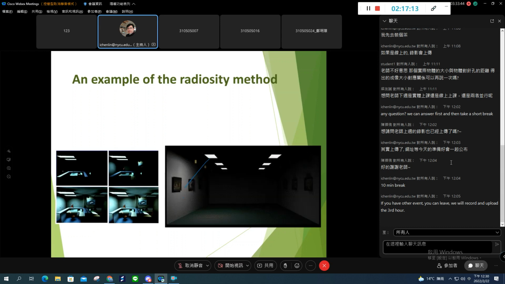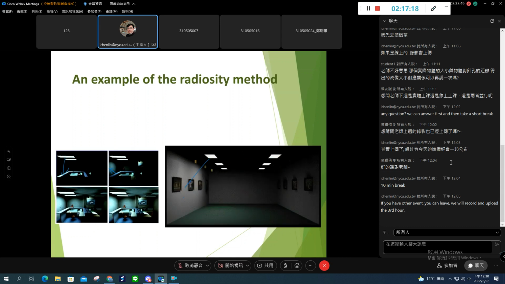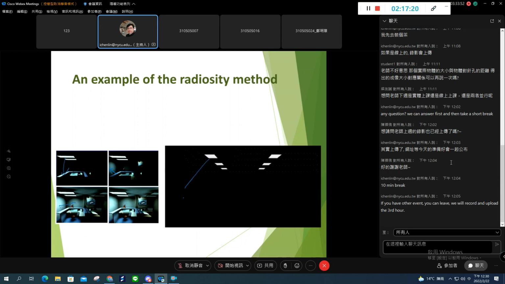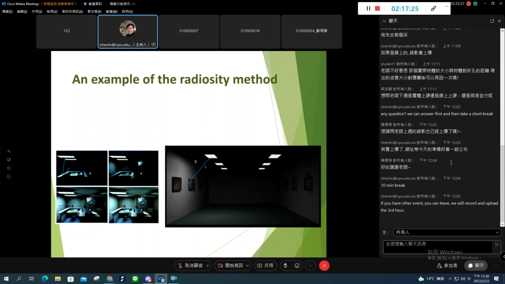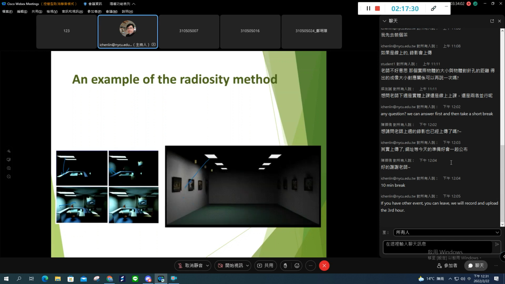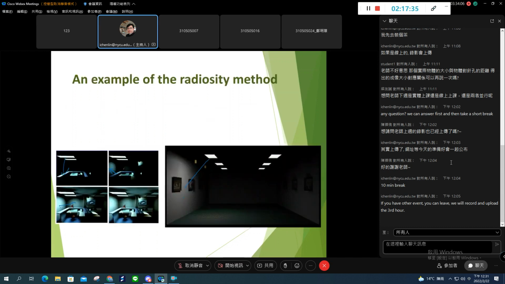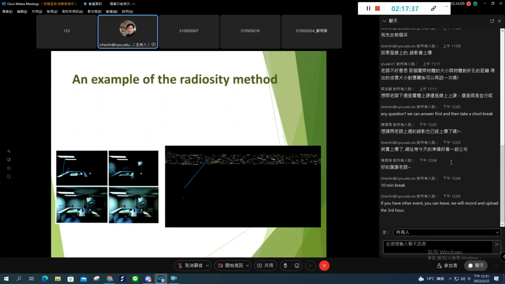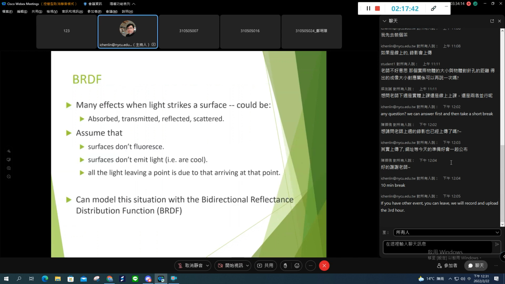When sunlight hits a surface and is reflected to the wall, the wall can do some further reflection, and afterward our room becomes brighter and more similar to real cases. But actually, the radiosity method is estimated by solving some equations. And for the real world, it is actually more complex.